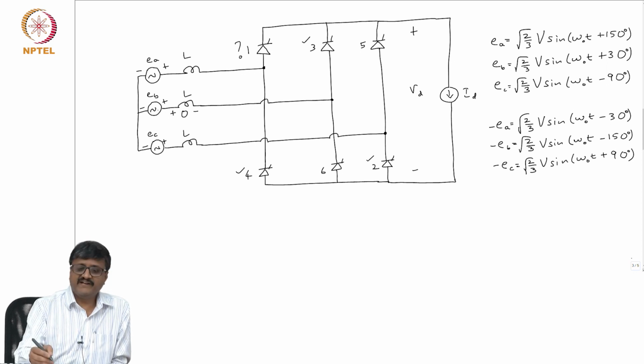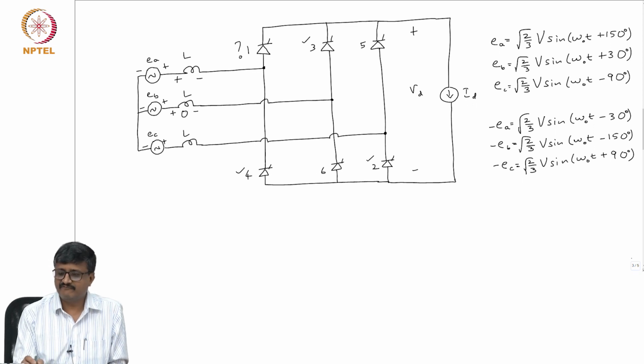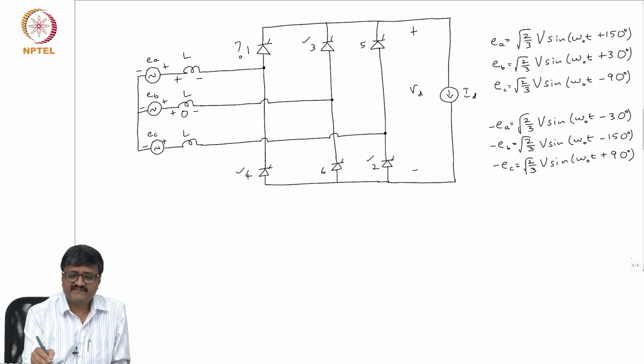Yeah, but the point is this is not 0. The voltage across the inductance in series with EA is not 0. This may be 0. See, the valve 4 is also conducting. So, where should the current through valve 4 flow? It should flow through one of the sources on the AC side. So, it will flow through EA. So, this current is actually not constant. So, this is not equal to 0.